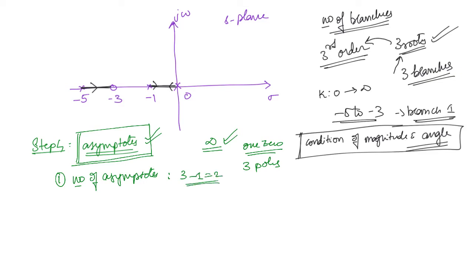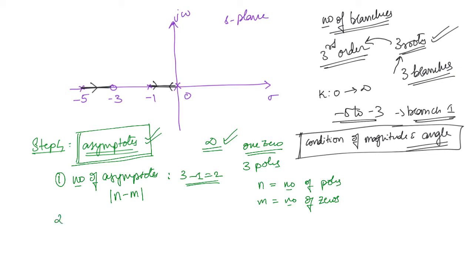This will be the number of asymptotes. So here you can take n to be the number of poles and m to be the number of zeros. So the number of asymptotes is given by the difference between the number of poles and zeros, that is mod of n minus m.